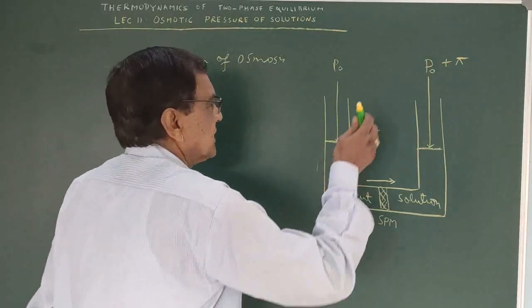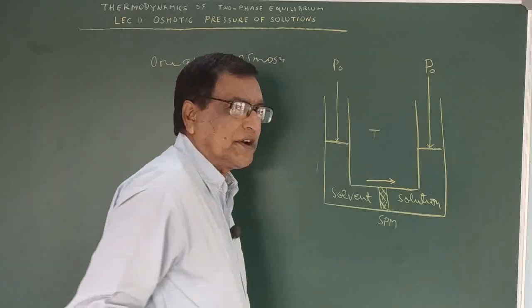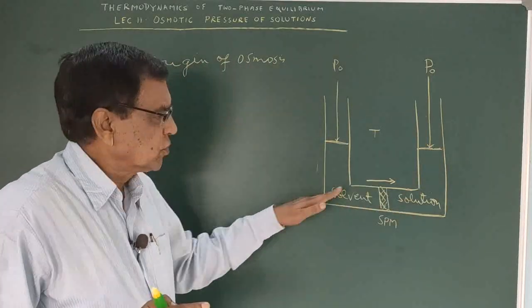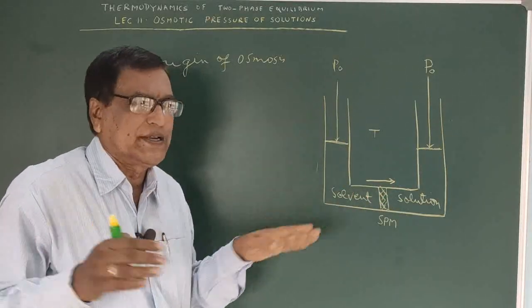Suppose this excess pressure is not added and the solvent is flowing, osmosis starts. Why does osmosis occur?